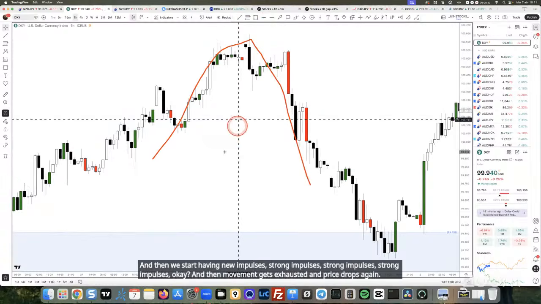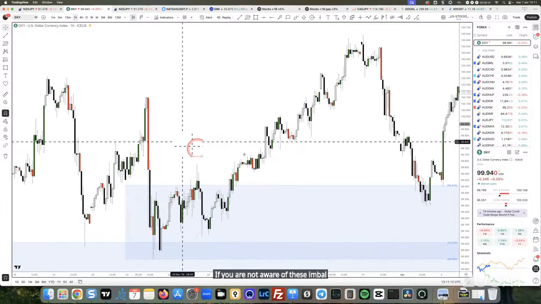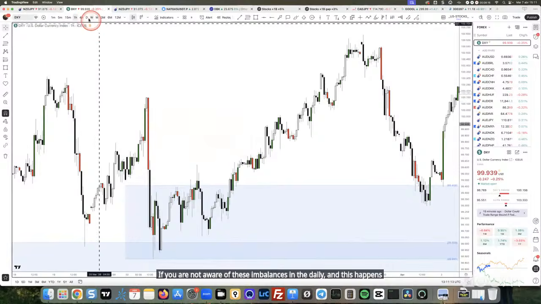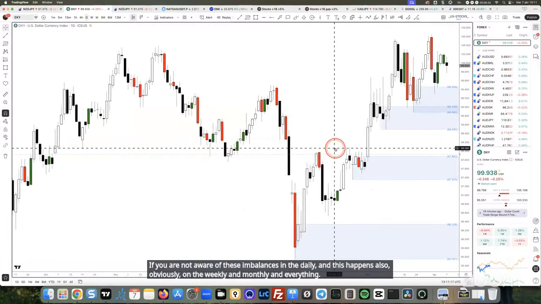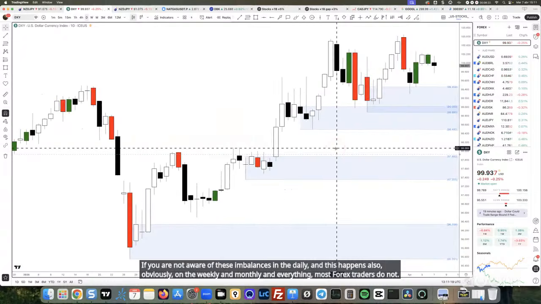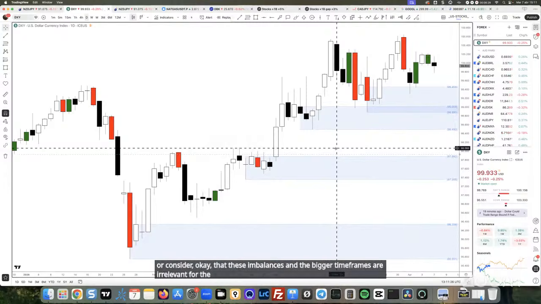So what happens if you are not aware of these imbalances on the daily? This also happens on the weekly and the monthly. Most Forex traders consider that these imbalances in the bigger timeframes are irrelevant for intraday and short-term trading, but I believe they are very relevant.